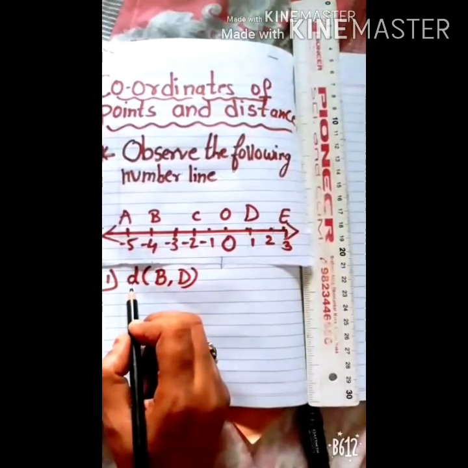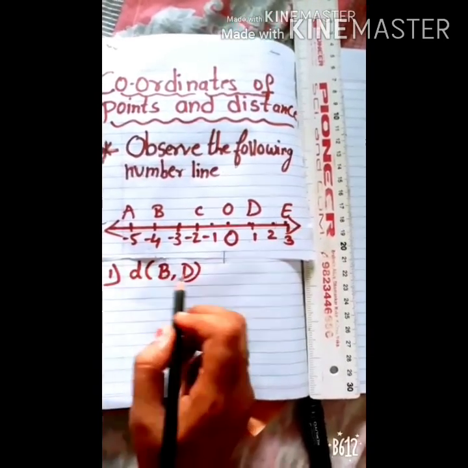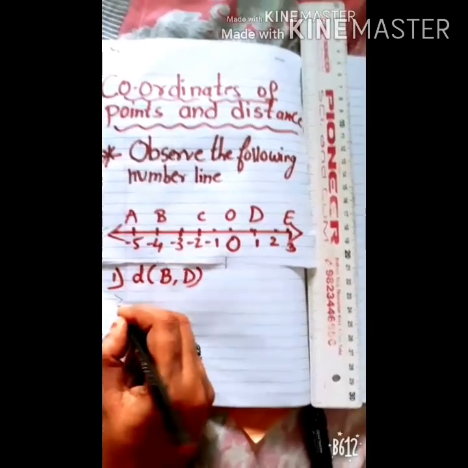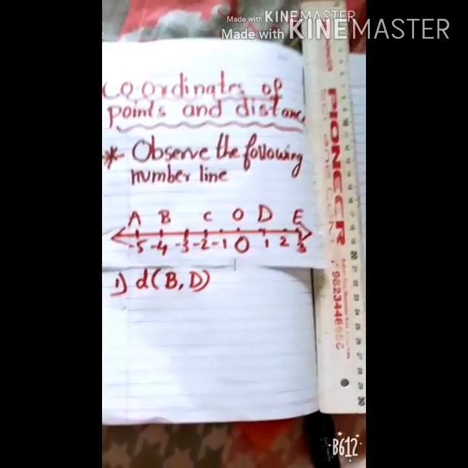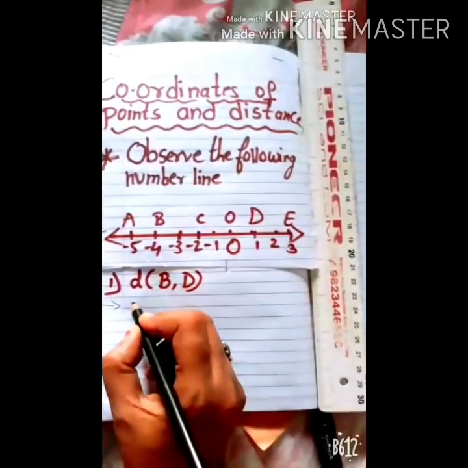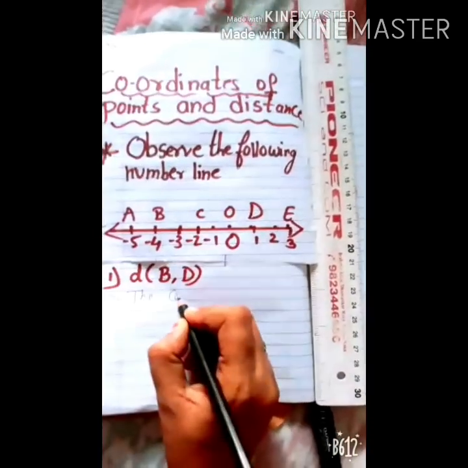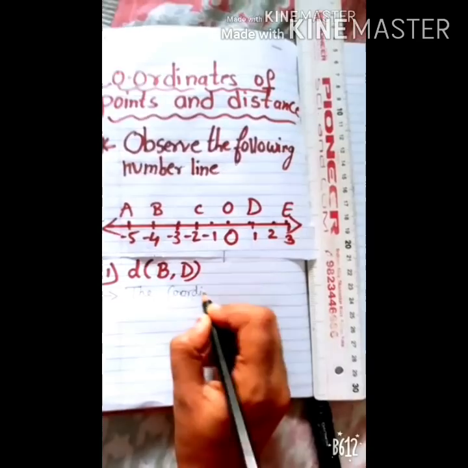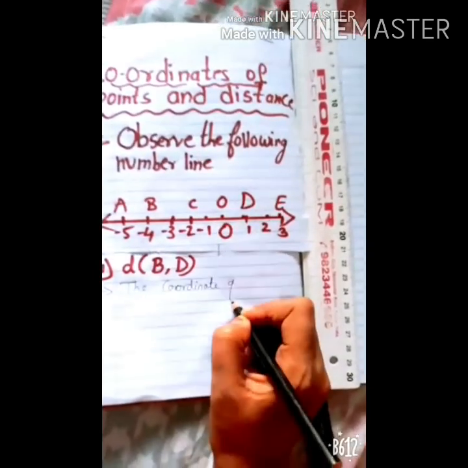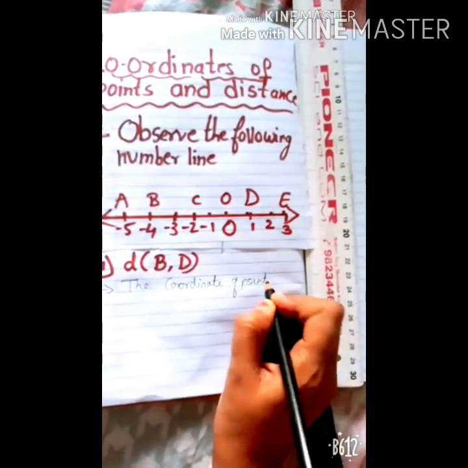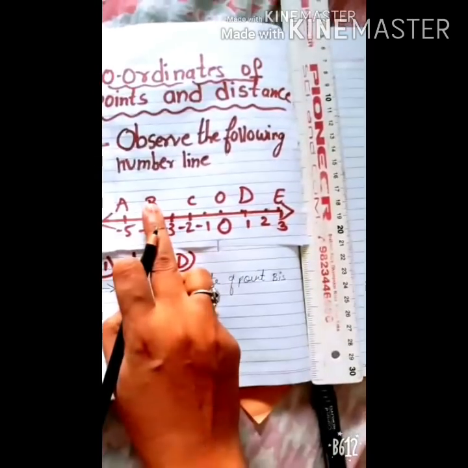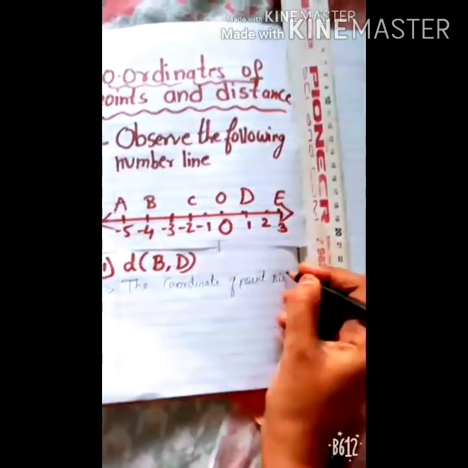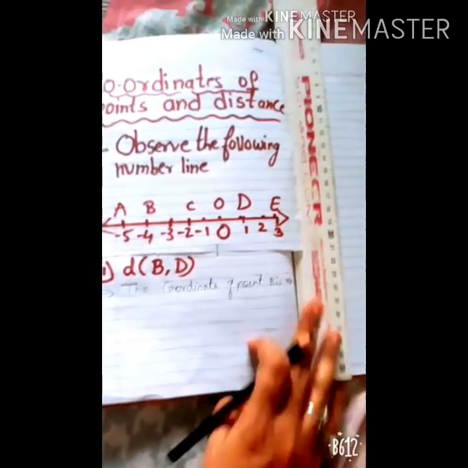Here we have to find the distance between the points B and D. To find the distance between 2 points, first of all we have to write the coordinates of the given points. So the coordinate of point B is -4.